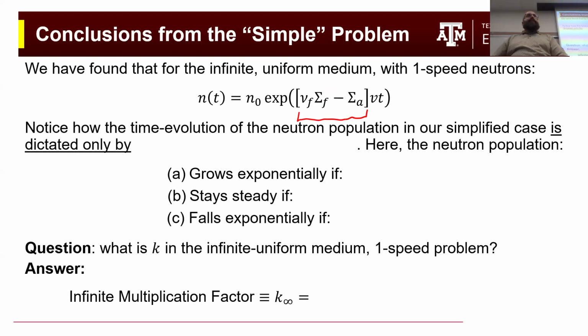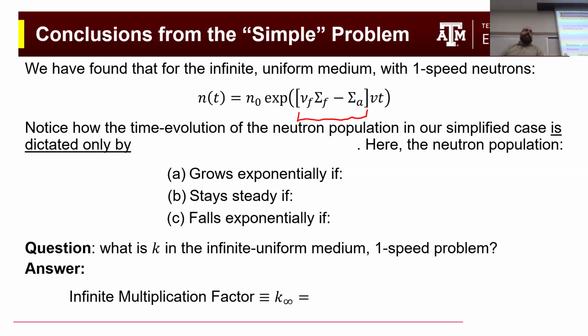And what kind of properties are those, the nus and the sigmas? Like if this was a reactor of uranium versus a reactor made of graphite, then those quantities would be different, right?